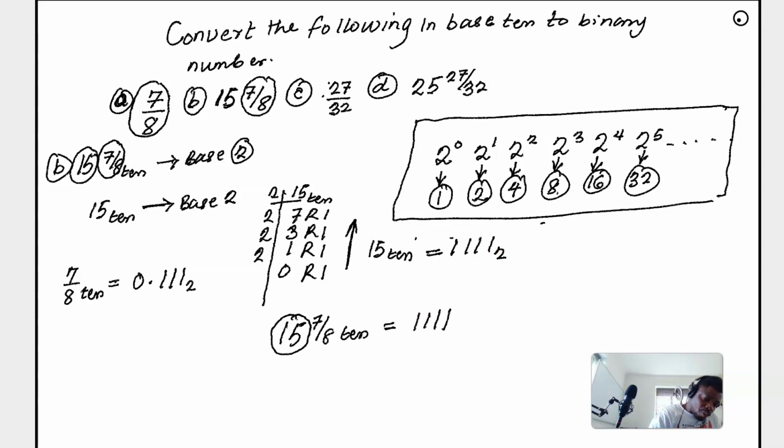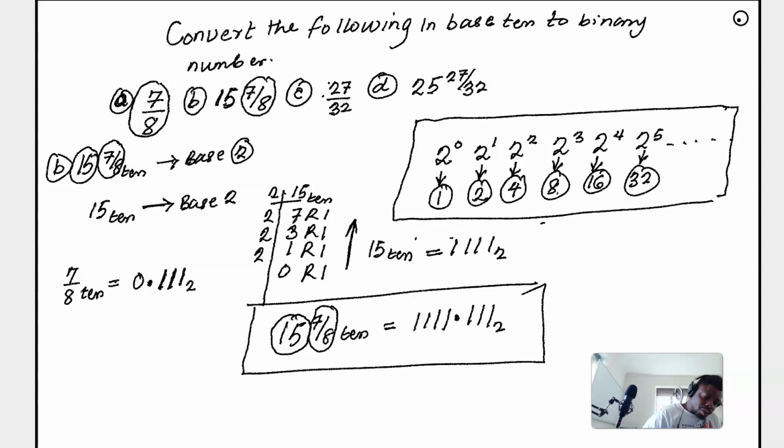Now we want to write the fractional part solution, which is this. I'll put the point here, then the next thing is 111 base 2. So this is how to convert a fractional number in base 10 to base 2, or to a binary number.